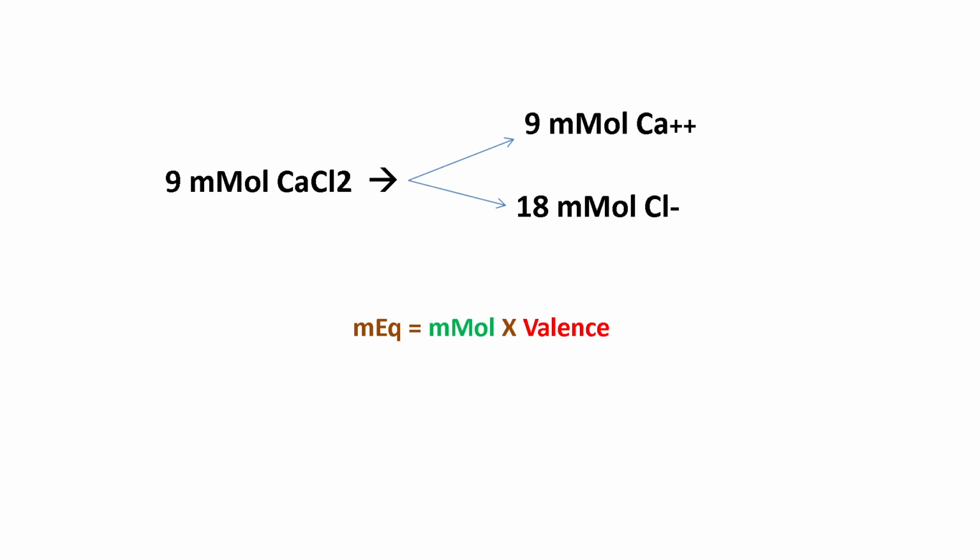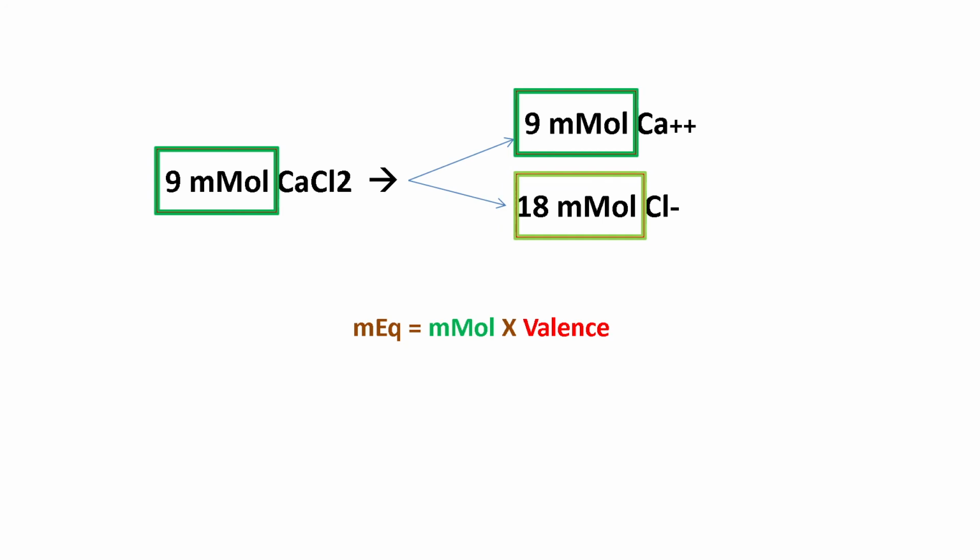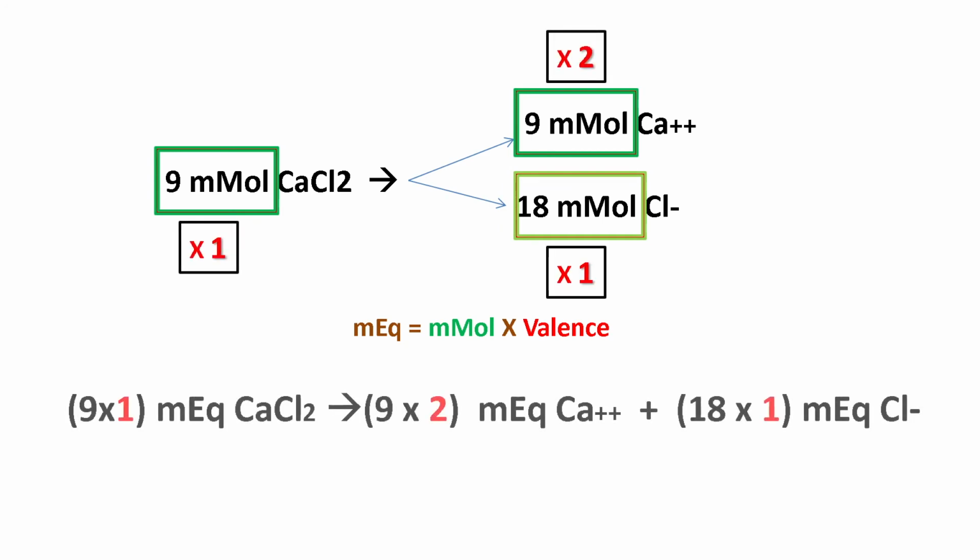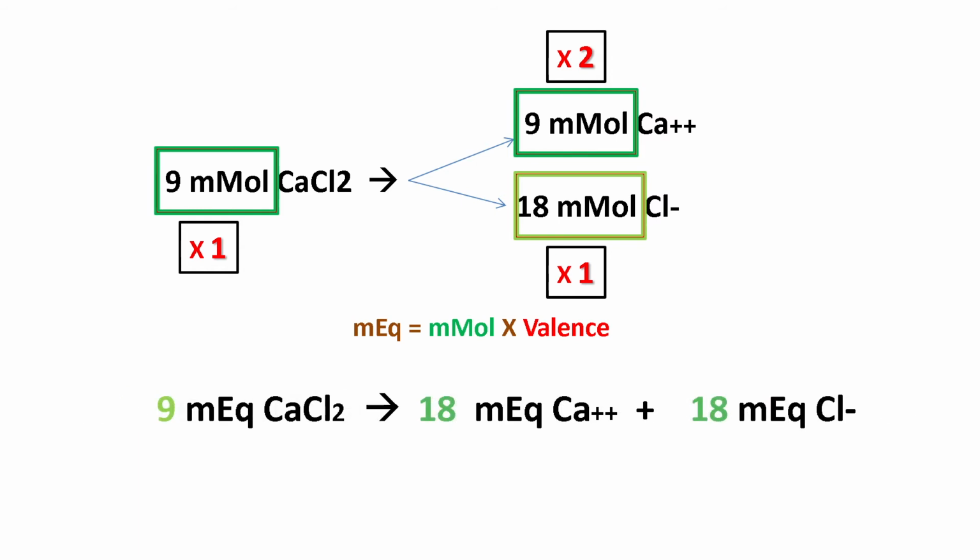So, we convert the millimole values into milliequivalent values by multiplying them with their respective valences. Now, we get 9 milliequivalents of calcium chloride is equal to 18 milliequivalent of calcium ions and 18 milliequivalent of chloride ions.